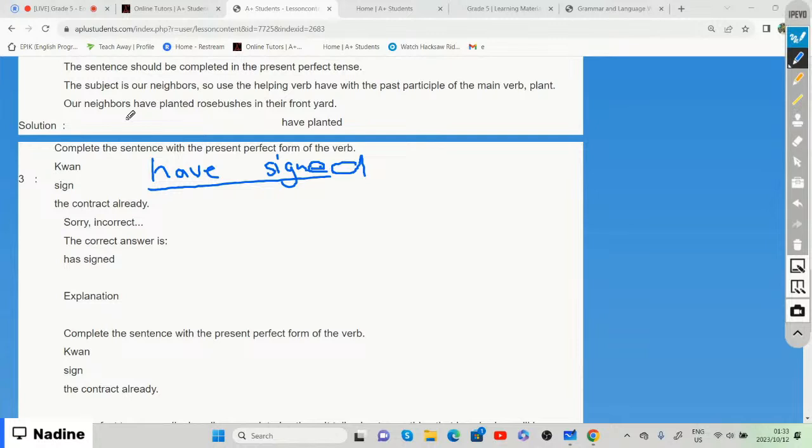So if we are just fixing it, then we can say Kwan have signed the contract already. Yes, have signed is correct.